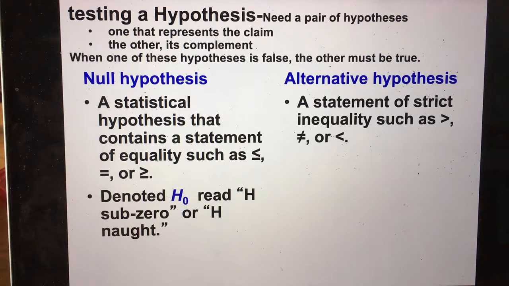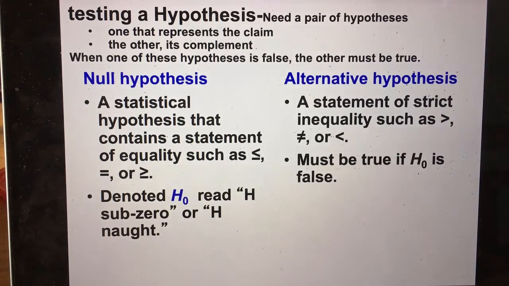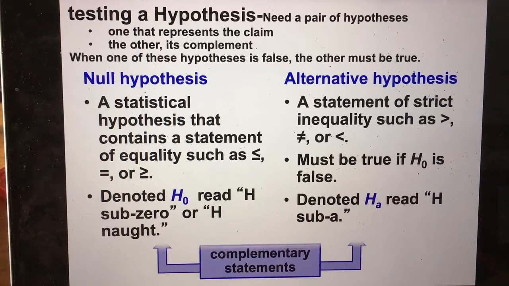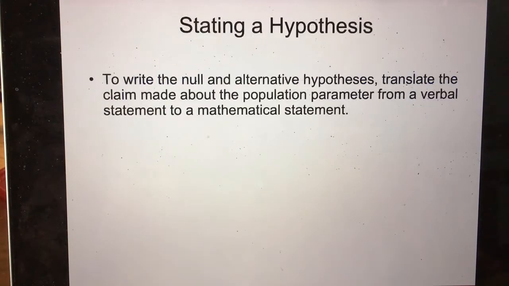It is a statement of strict inequality, such as greater than, not equal to, or less than. It must be true if H sub naught is false. It's denoted by H sub A, and they are complementary statements. So if one is true, the other one is not true, and vice versa.